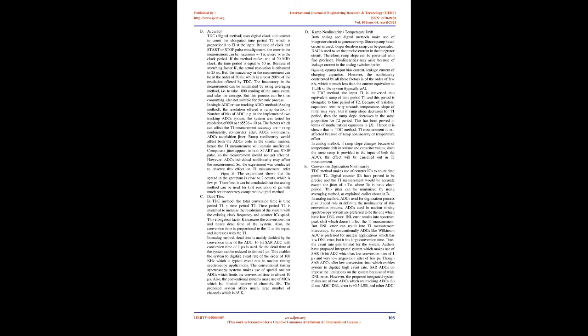Because of stretching factor k, the actual resolution is enhanced to 25 ns. But, the inaccuracy in the measurement can be of the order of 50 ns, which is almost 200% of the resolution offered by TDC. The inaccuracy in the measurement can be minimized by using averaging method, i.e. to take 1000 readings of the same event, and take the average. But this process can be time-consuming, also not suitable for dynamic process.